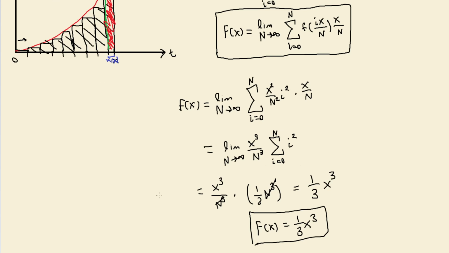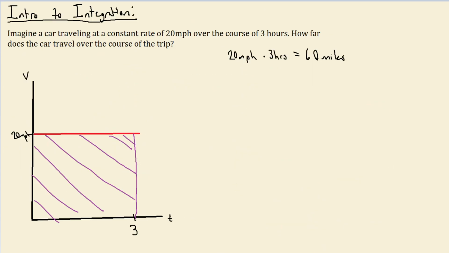Now, if that felt overwhelming, don't worry. This is just the first part in a series on integration, and we have tools in calculus that make this process so much easier. The point of this video was to show where these ideas come from. We started with a very simple example of a car traveling at a constant velocity, trying to discover how far it had traveled over some interval.